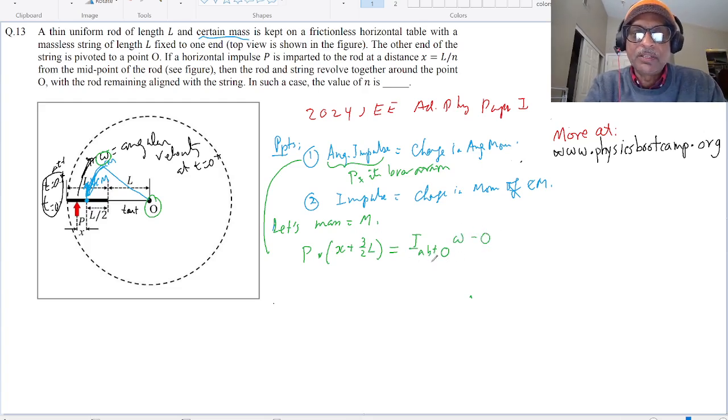What's I about O? We can use the parallel axis theorem.